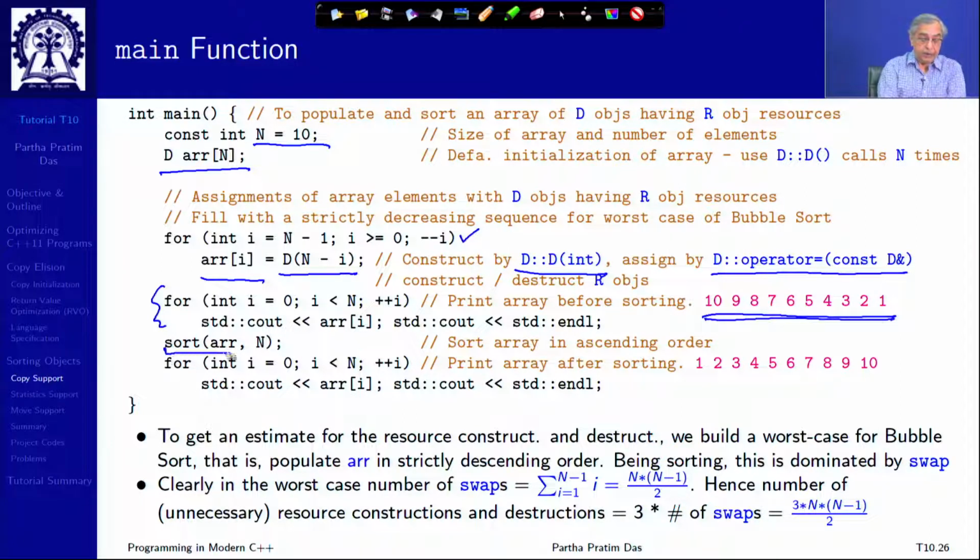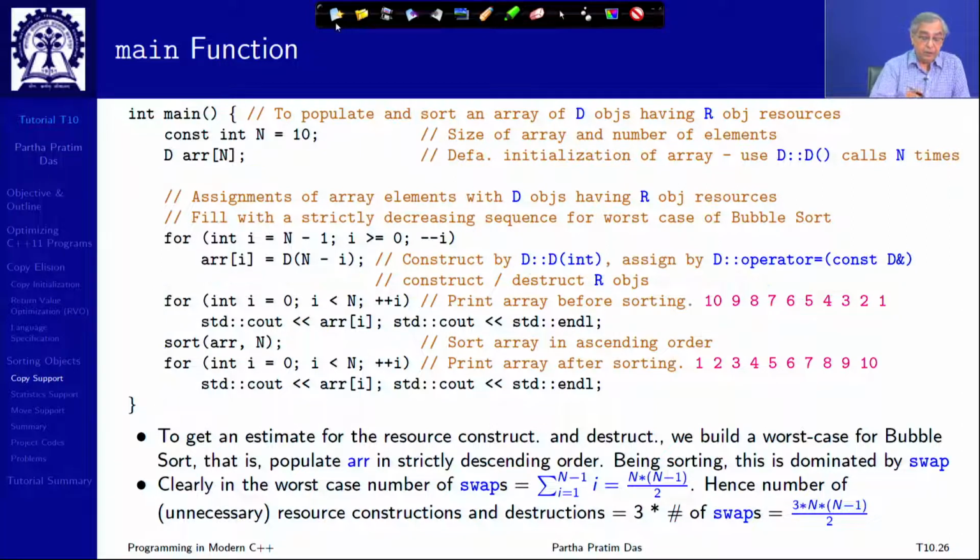Then I call the templatized sort function, and print the sort output. Now, in the sort, what does the sort function do? It tries to sort them in the increasing order, but the array is strictly in the decreasing order, and I want to make them into increasing order, right. So, I want to do just the opposite. Which means that if I go back to the sort function, it will be easier to see.